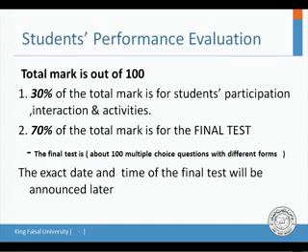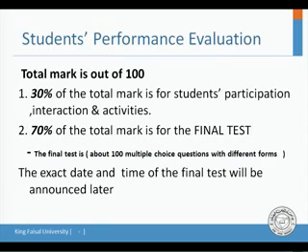About the students' performance evaluation, how to evaluate our students. We know that we don't have face-to-face lectures, so the mark is distributed as follows, as shown here on the board. The total mark is out of 100. 30% of the mark is for students' participation and interaction and activities through the website.